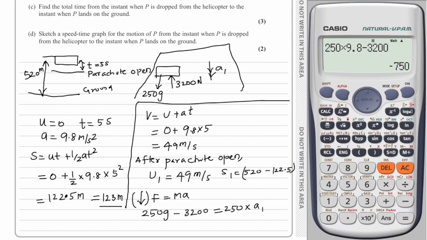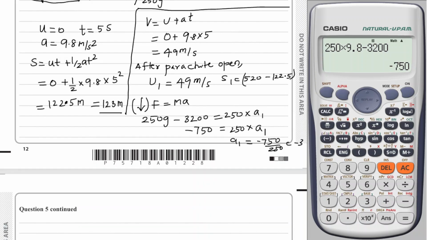So this will be minus 750 is equal to 250 times a1. So a1 is equal to minus 750 divided by 250. It will be minus 3 meter per second square.